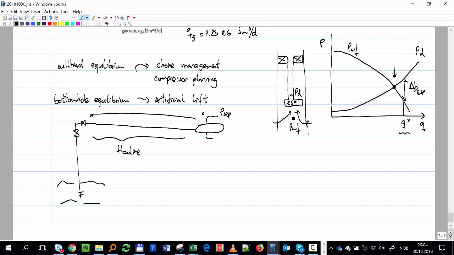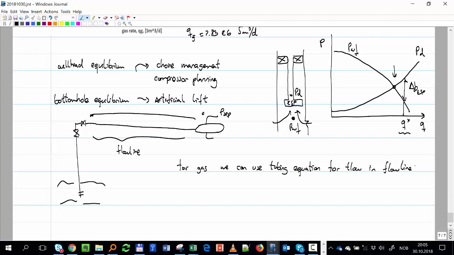Luckily for us, for gas, we can use the same tubing equation, because the flow line is just nothing more than a pipe which is inclined. The pipe can be inside the well, can be outside, can be any place, can be in space, but the same equation is going to be used. For gas, we can use the tubing equation for flow in the flow line.